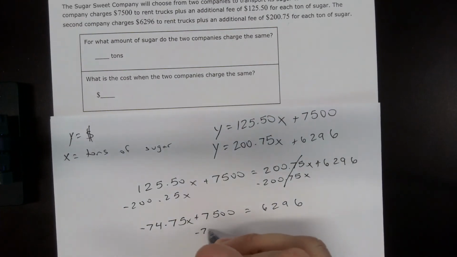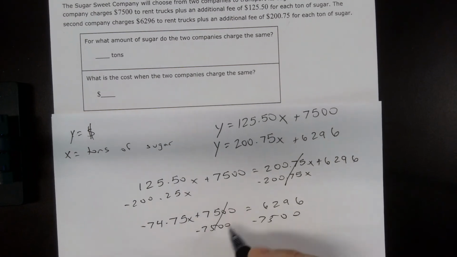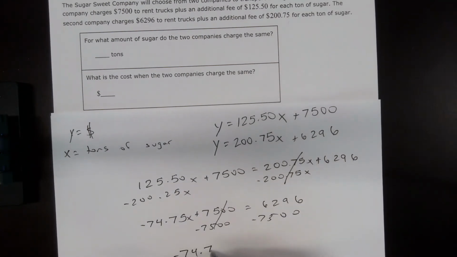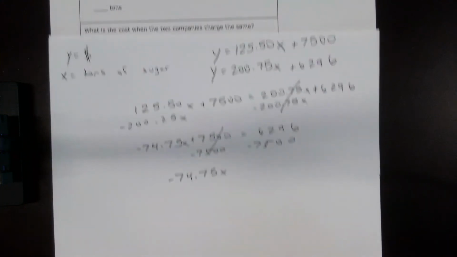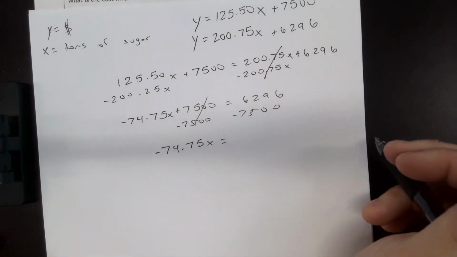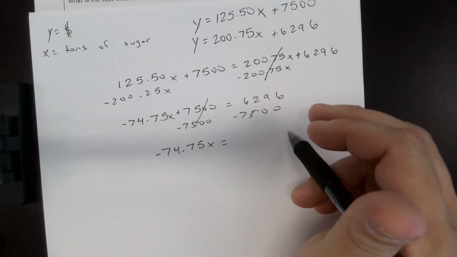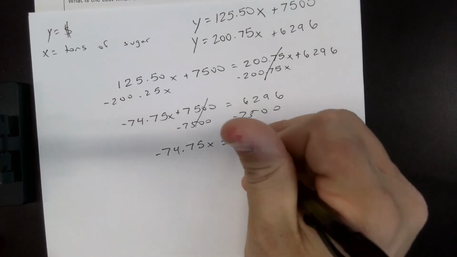Okay, now we can subtract 7,500. And we get negative 74.75x equals, is that right? No, that's bigger than that. 1,204?